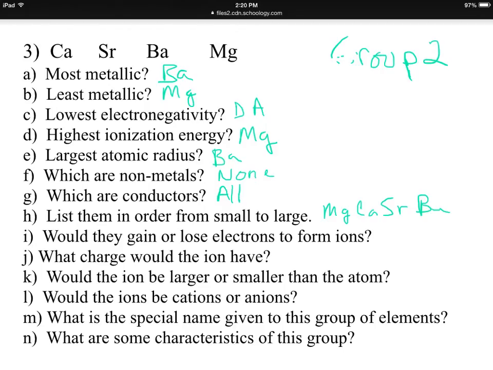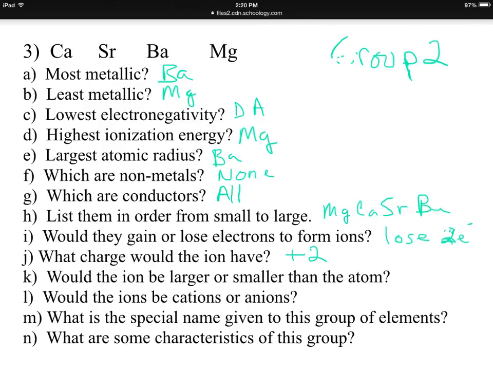Would they gain or lose electrons to form ions? Metals? Yep, that's right. Metals lose electrons. They would actually become positive ions. And you know how many they would lose? What charge would the ion have? They would lose 2 electrons. So it would be plus 2.